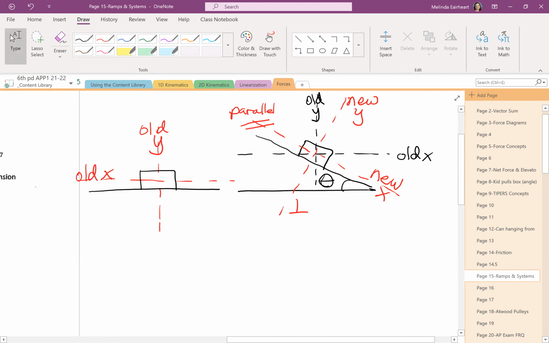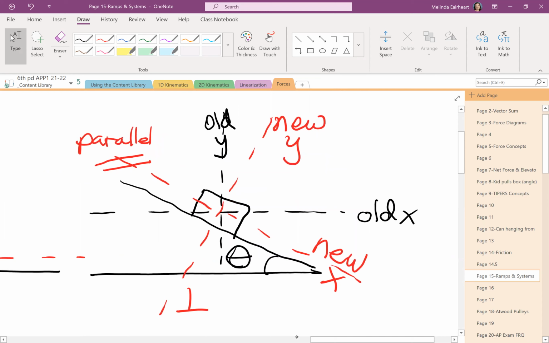Now my picture is getting a little cluttered here, but old X and Y are the black dashed lines. New XY are the red dashed lines. Well, if we think about theta, the angle they gave us, isn't theta separating old horizontal and new horizontal?